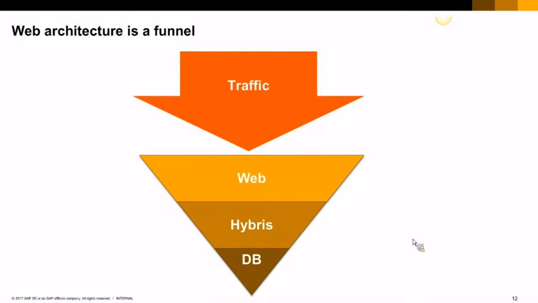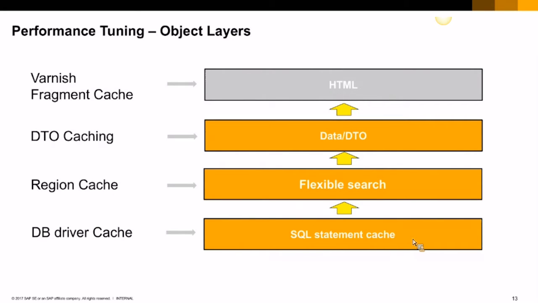As you already know, Hybris has a typical three-layer architecture: the web server, the application server, and the database. The higher you cache in the hierarchy, the better it is for the performance. Everything you can cache at the web server layer, the better performance you will have. If you cannot, you should cache on Hybris, and what will be done on the database will see a big impact.